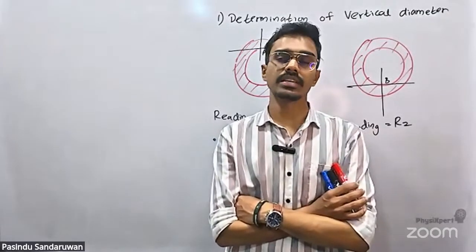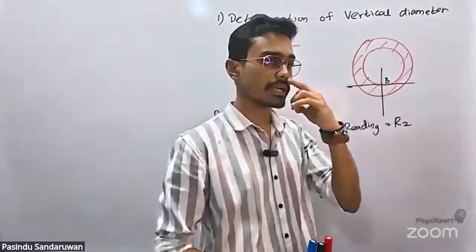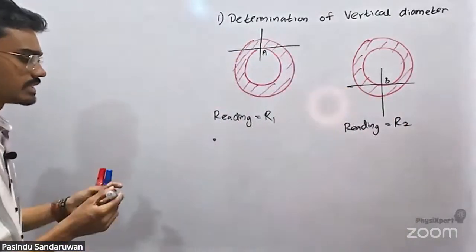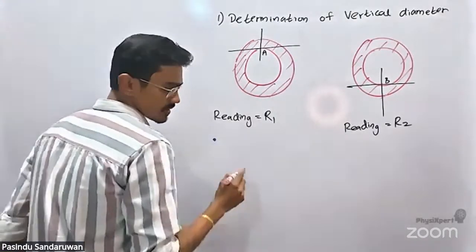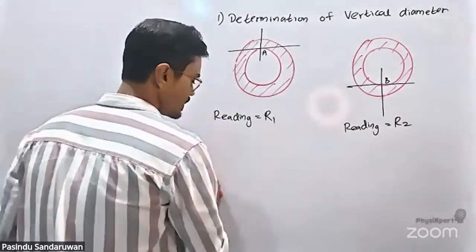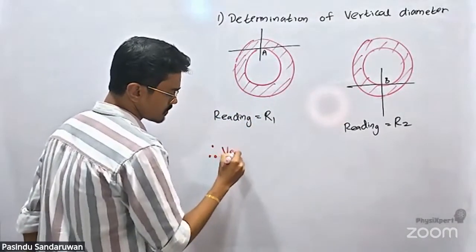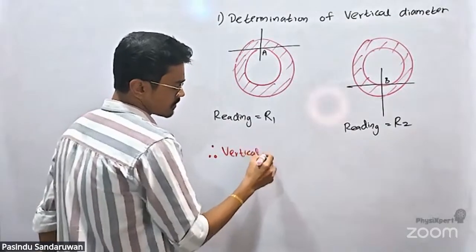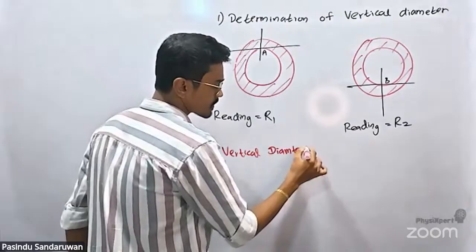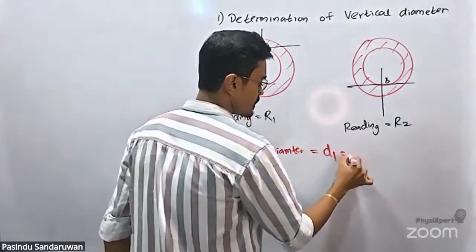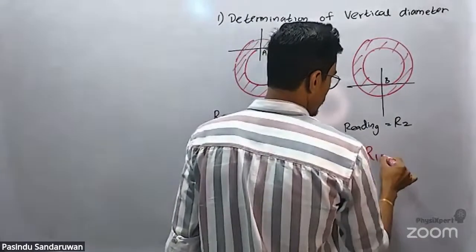So it is like this. Let's say the vertical diameter is D1. Therefore, vertical diameter D1 equals R1 minus R2.